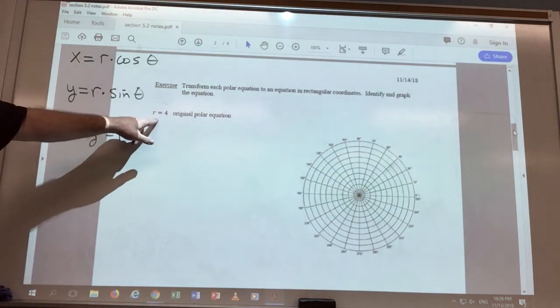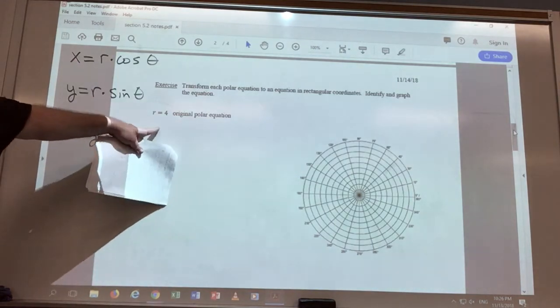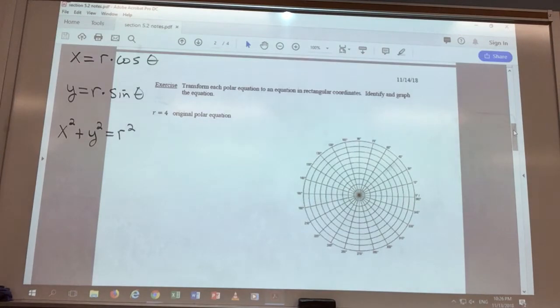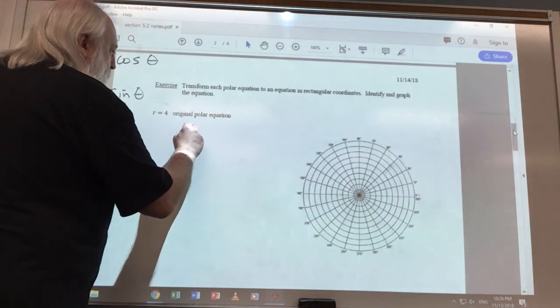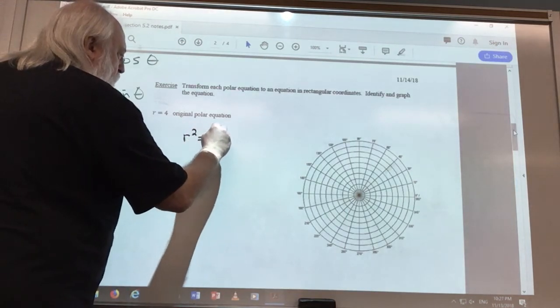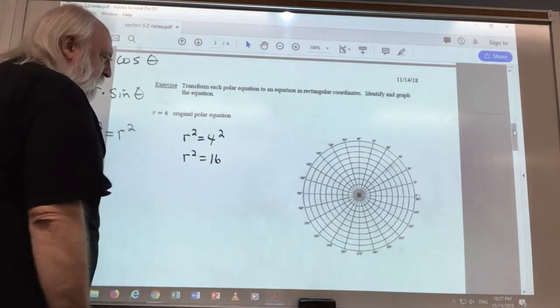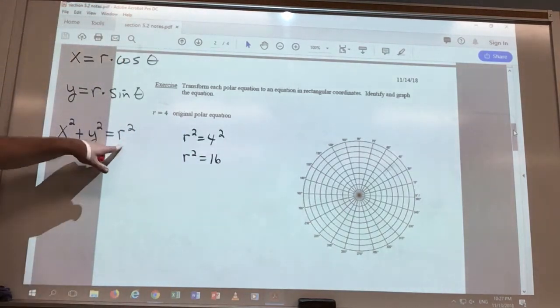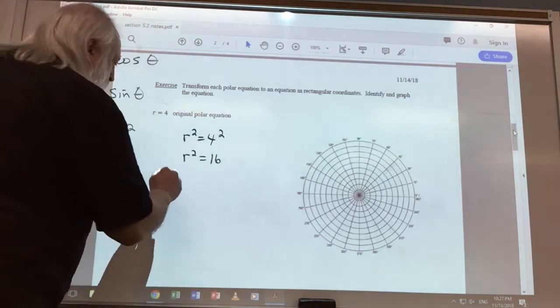So this first equation, in polar coordinates, we have r is equal to 4. I can square both sides of this equation, and I have r squared is equal to 4 squared. Well, 4 squared is 16. And we know that r squared is equal to x squared plus y squared.